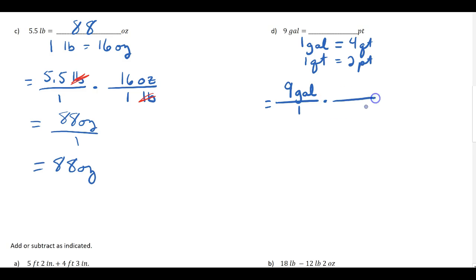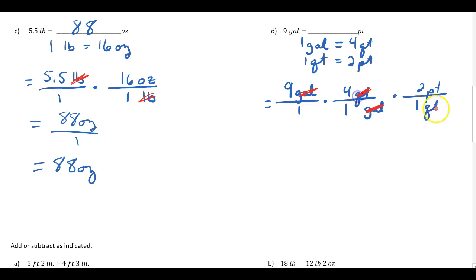Since I'm going from gallons, I'm going to put the gallons on the denominator, and I'm going to use 1 gallon is equal to 4 quarts. I can simplify my units. I've got quarts, but I want pints. So now I'm going to put the quarts on the denominator so that those 2 units can cancel and have 2 pints.